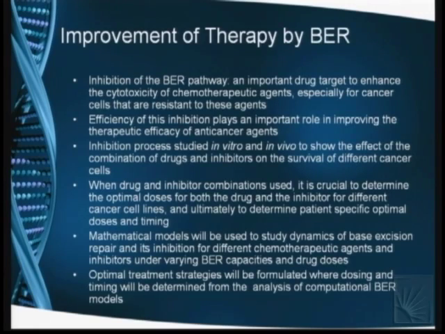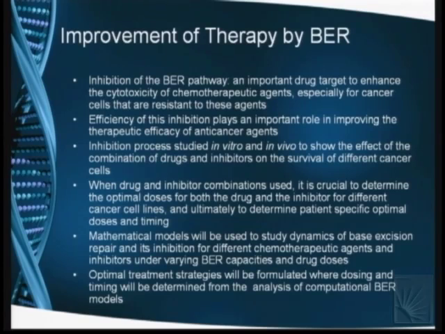Then you look at the inhibition of the BER pathway through methoxamine, and then you look at the efficiency of this treatment analytically. Then you can actually introduce the original damage induced by the chemotherapy agents and how the inhibition will actually affect its repair.